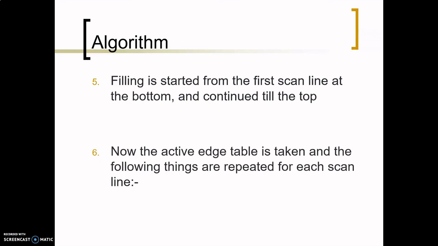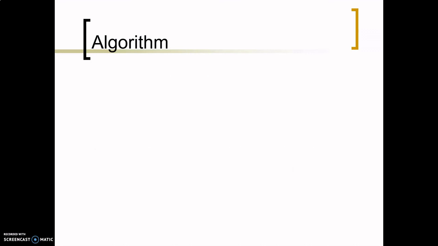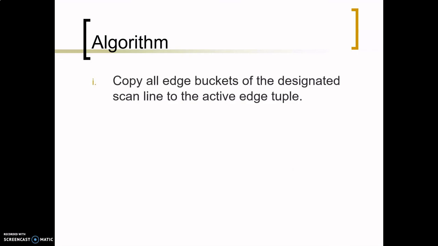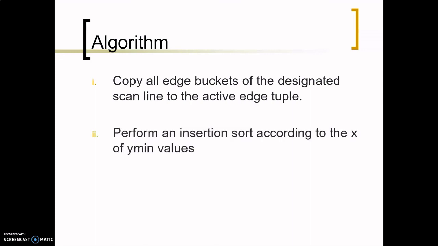Now the active edge table is taken and the following things are repeated for each scan line. What are we repeating? The first step is to copy all edge buckets of the designated scan line to the active edge tuple. Then perform an insertion sort according to the x of y min value, that is the lowest x coordinate values.